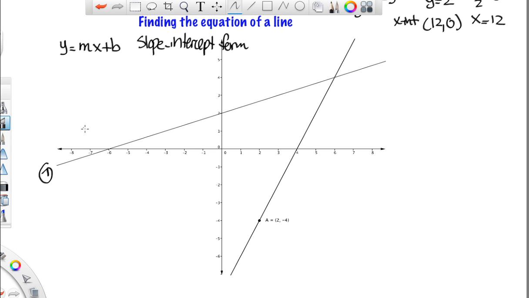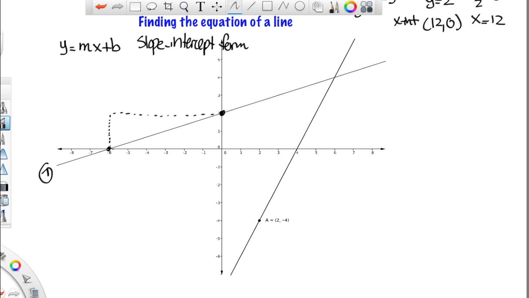So how can you do this? Well, I'm going to use my definition for slope, which is rate of change. I know that there are 2 points here that are accurate, and I just want to know how much up and how much over do I go.